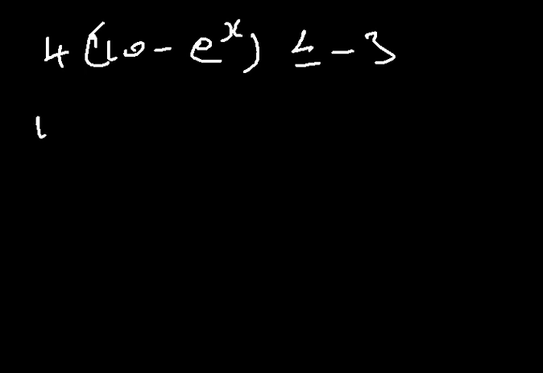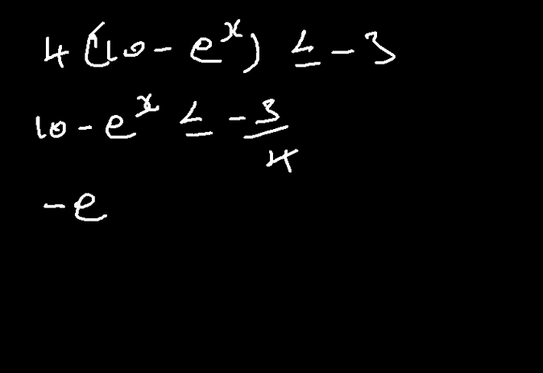In that case we'll have 10 minus e to the power x less than or equal to -3 over 4. Then we transfer 10 to the other side. We'll have -e to the power x less than or equal to -3 over 4 minus 10.